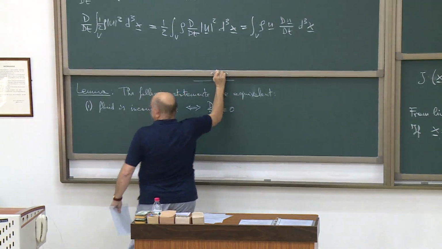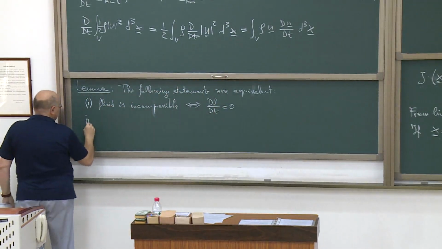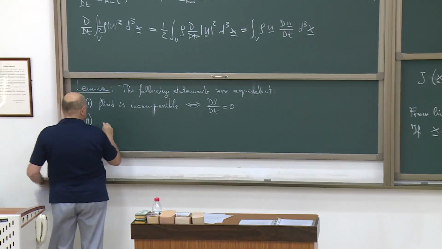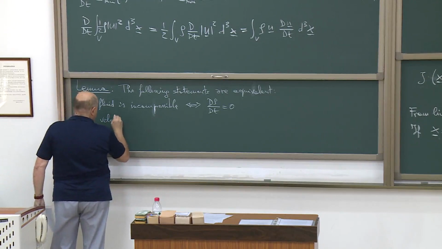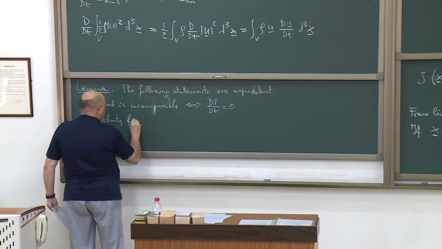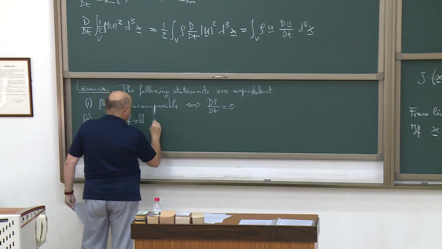Then, just a last summary of all this notation, the divergence of the velocity field is zero, the velocity field is solenoidal.